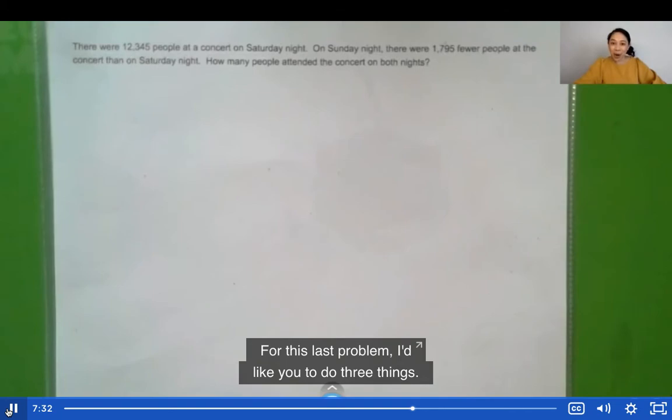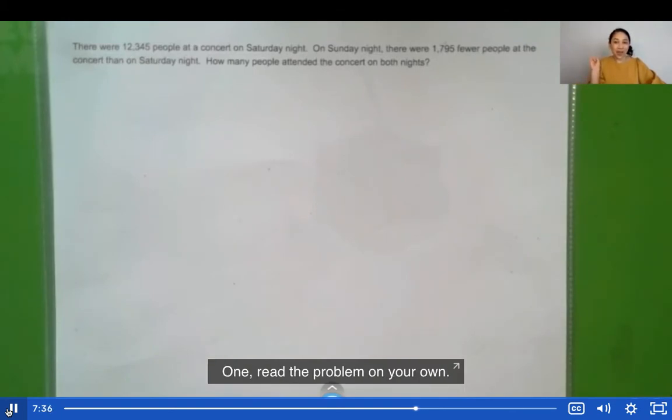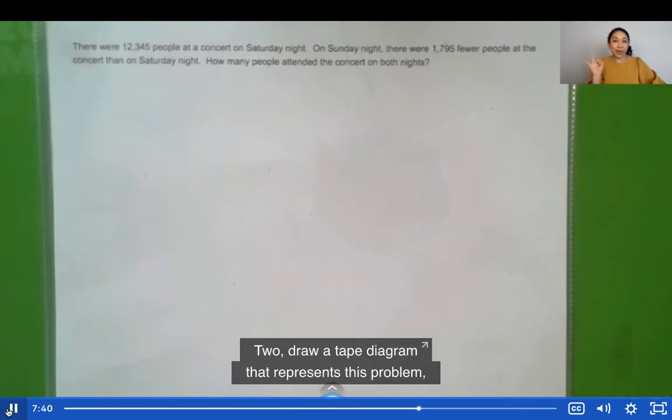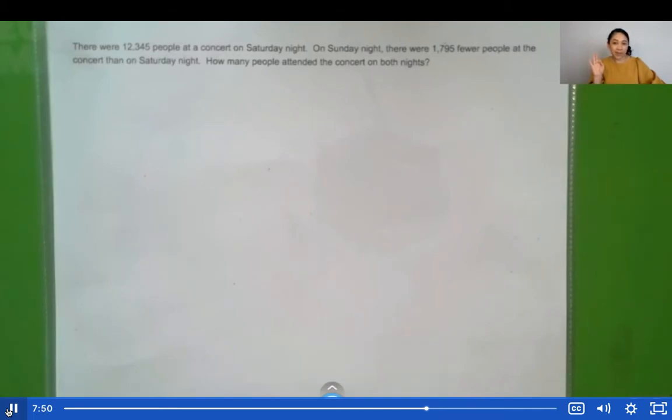For this last problem, I'd like you to do 3 things. 1, read the problem on your own. 2, draw a tape diagram that represents this problem. And 3, share aloud a strategy for solving this word problem.